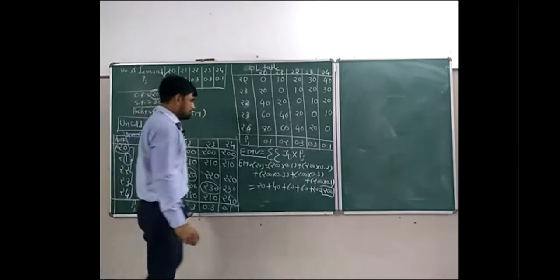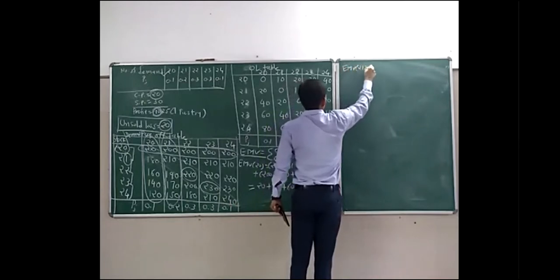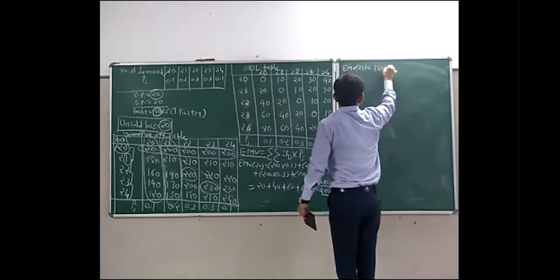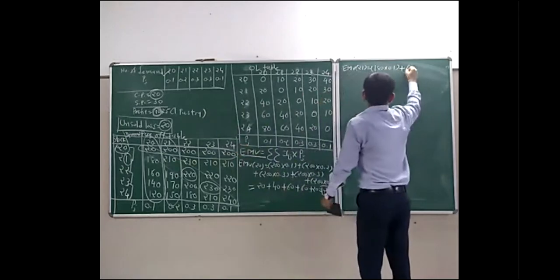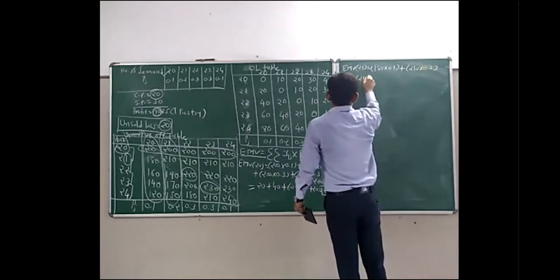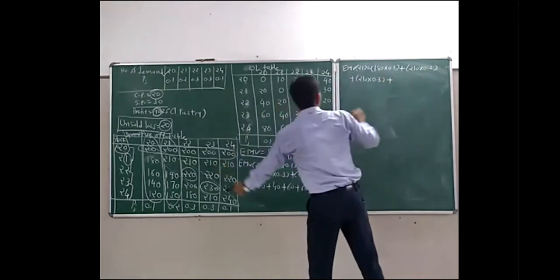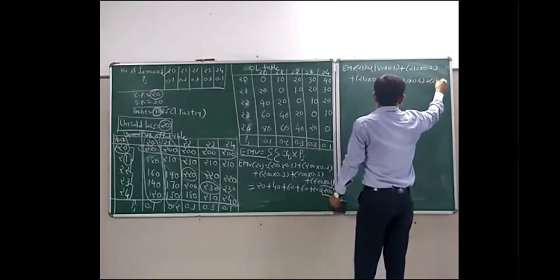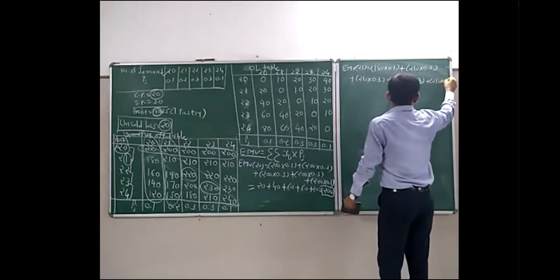Okay. Similarly, we have to find EMV for 21, that is for the second row. So it is 180 into 0.1 plus 210 into 0.2 plus 210 into 0.3 plus 210 into 0.3, then 210 into 0.1.